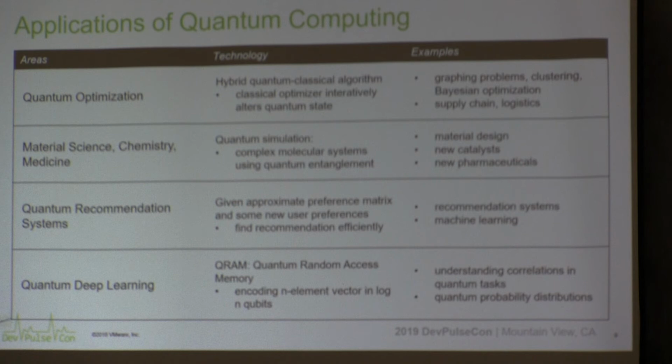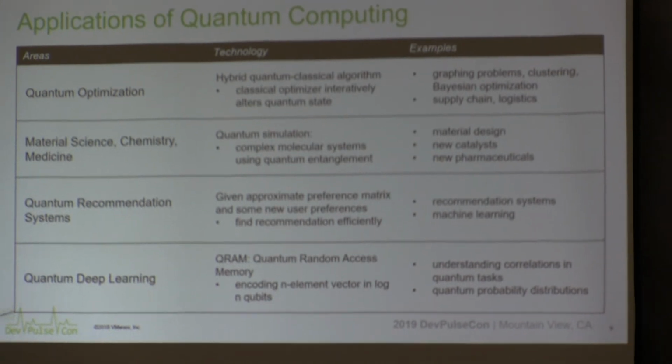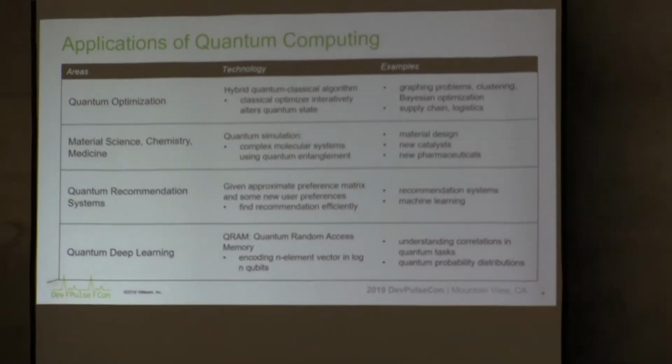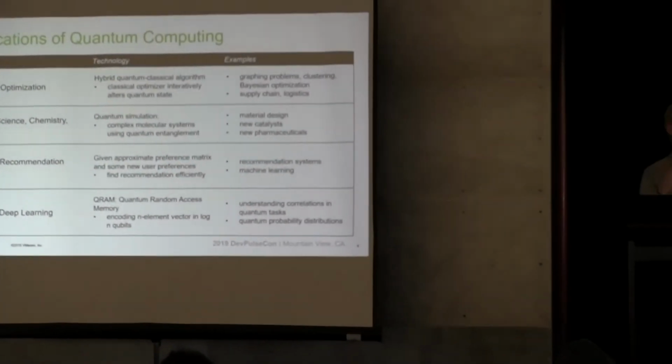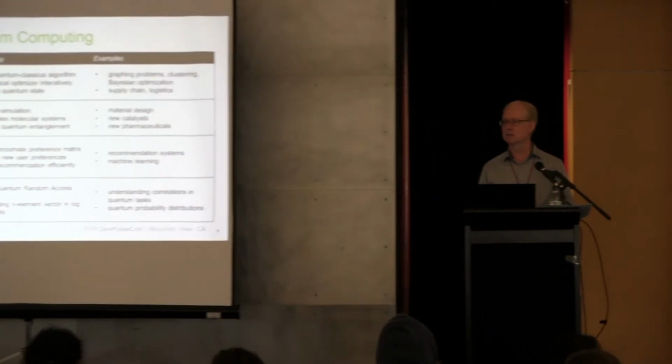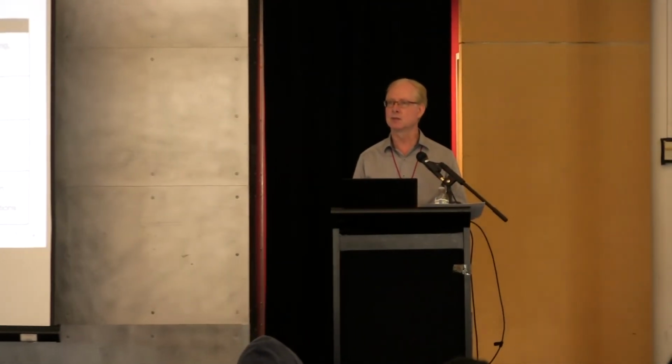If we could do this, it would go far beyond the kind of simulations that have been done up to this point and could enable us to look at different catalysts, different kinds of pharmaceuticals, different kinds of materials in a way that we haven't been able to do in the past. So I guess I could talk about each one of these in quite a bit of detail. Don't quite have time to do that. But if there's one I might mention that is particularly discussed, I might call that one out as very popular.